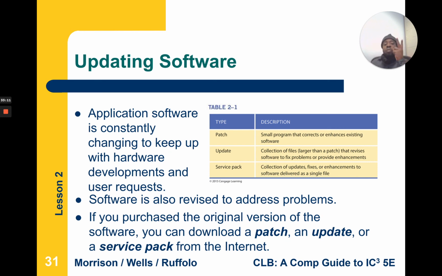And we have two types of software: application software and system software. Your operating system, the one that's your Mac, your Windows, or Linux, these are system software because they particularly control your hardware.